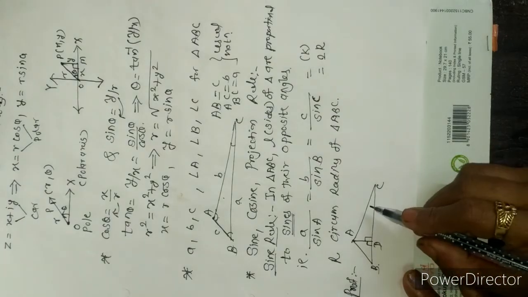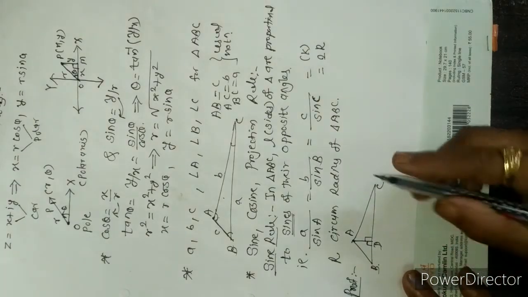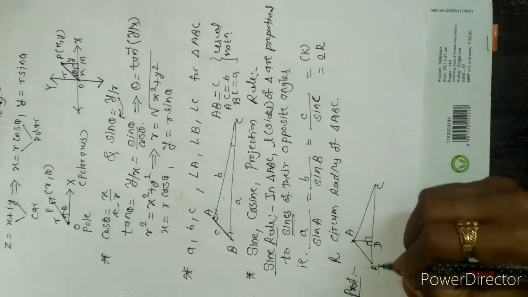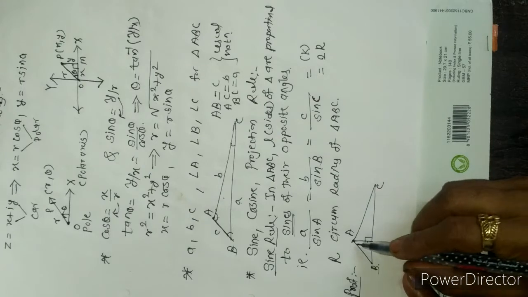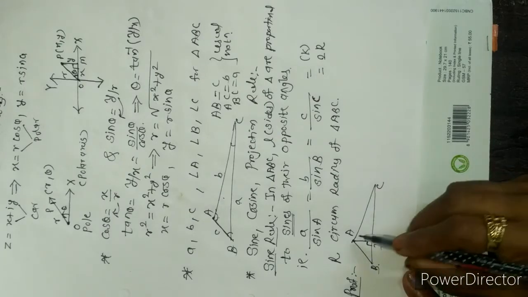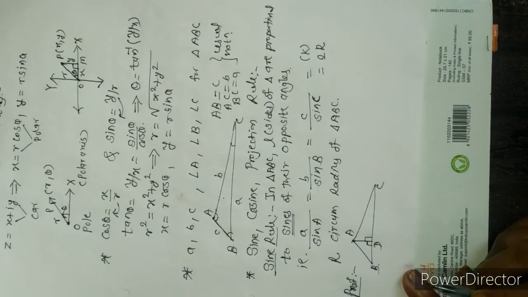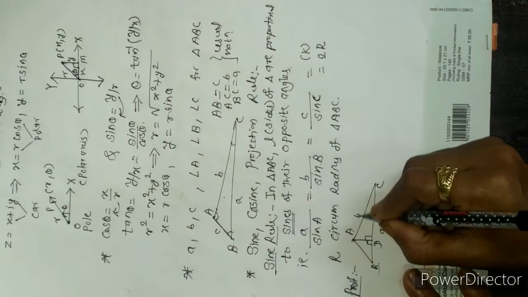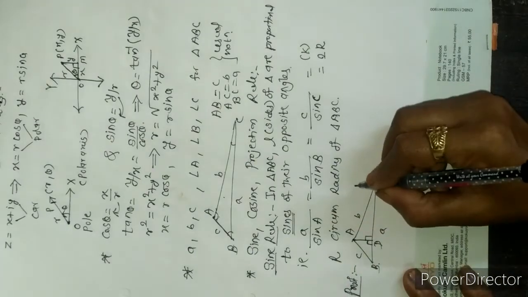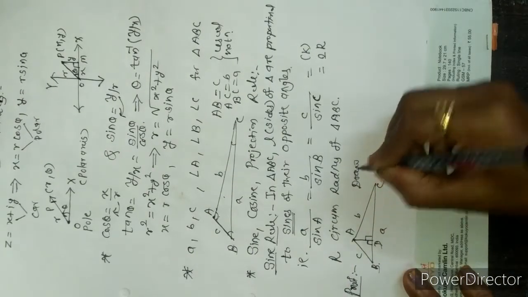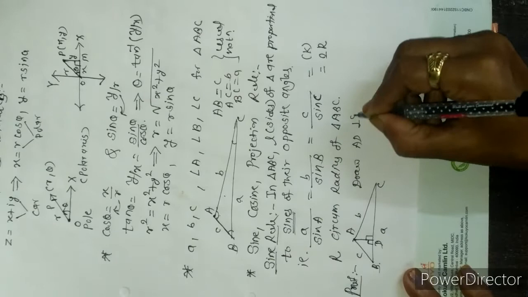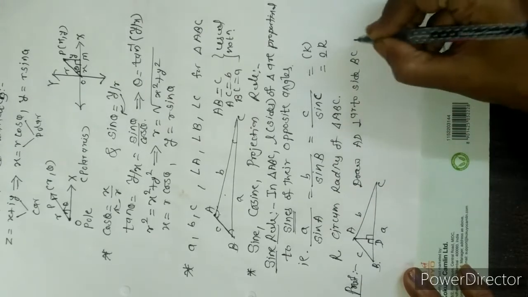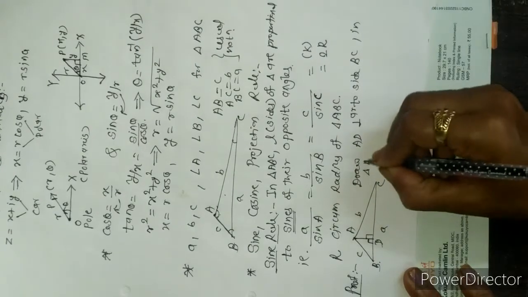With usual notation, AD is the height perpendicular to both triangle ADB as well as triangle ADC, and it is also the height of the original triangle ABC. So we draw AD perpendicular to side BC in triangle ABC.